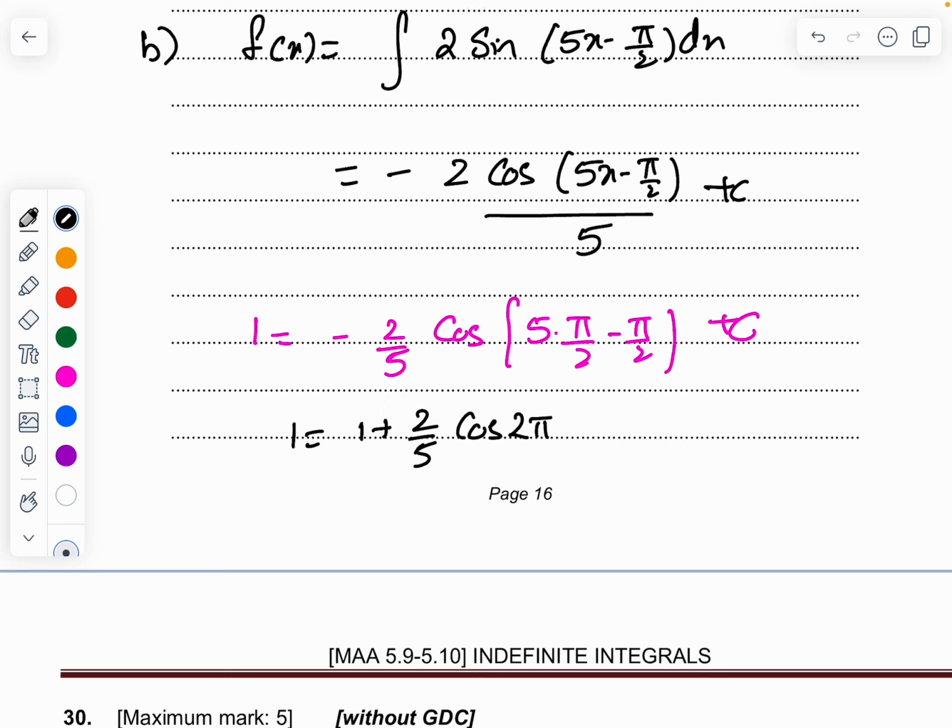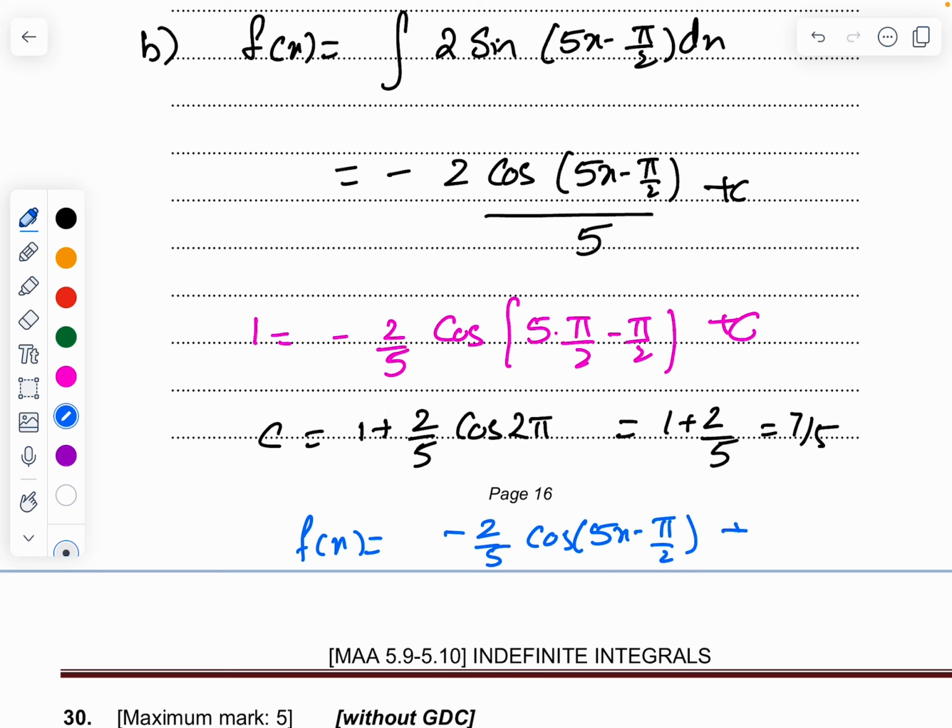So this will be the value of c, which is 1 plus 2 upon 5, which is 7 upon 5. So what's going to be the answer? f of x equals minus 2 upon 5 cos of 5x minus pi by 2 plus 7 upon 5. That is the answer for question number 28.